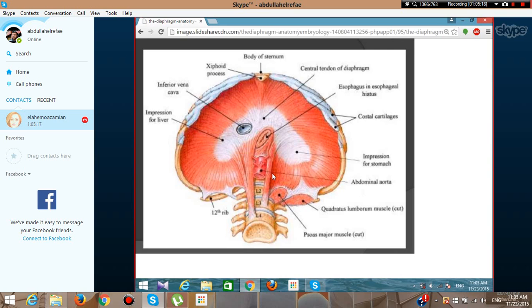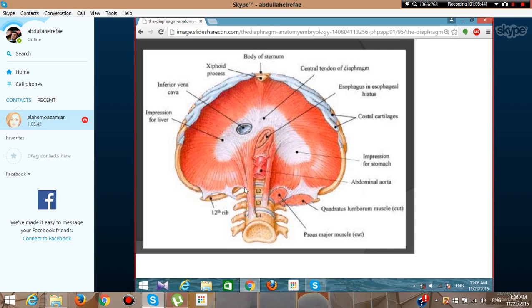So here, do you see some of the fibers from here, they attach from the body of L2 to the transverse process of L2. And then from here, they attach to the 12th rib.